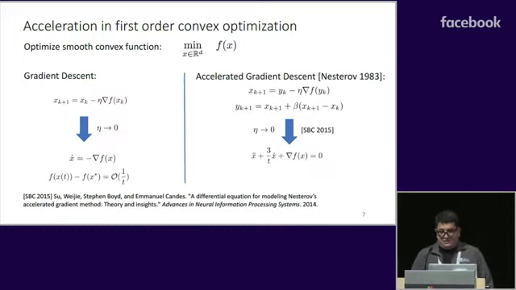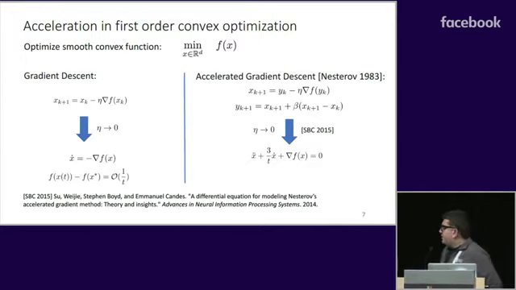And as of a few years ago, thanks to the work of Su, Boyd, and Candès, we also recover an ODE if we take the step size to 0. This ODE is our heavy ball ODE, except that the friction term is not constant, but time varying. Okay, so this is what we know so far.